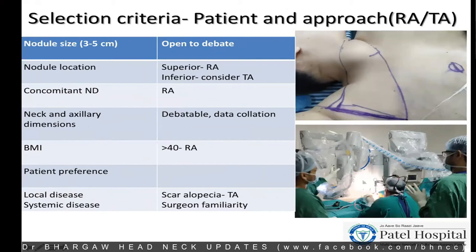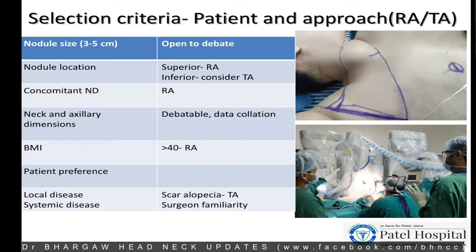Yeah. So when you select between retroauricular and transaxillary, the nodule size is open to debate. For location, in superior nodules you'd probably think it's counterintuitive to select retroauricular, and for inferior nodules, transaxillary. If you're going to do a concomitant neck dissection, most head and neck surgeons would typically prefer the retroauricular approach.